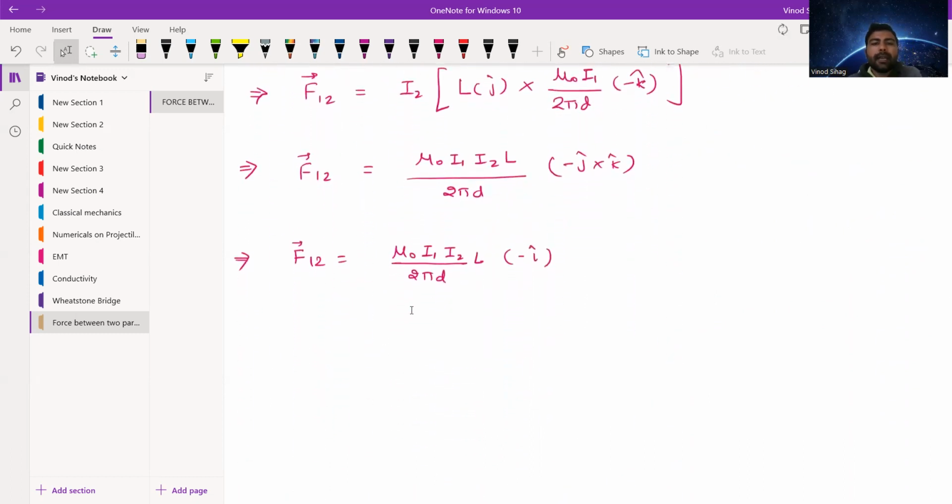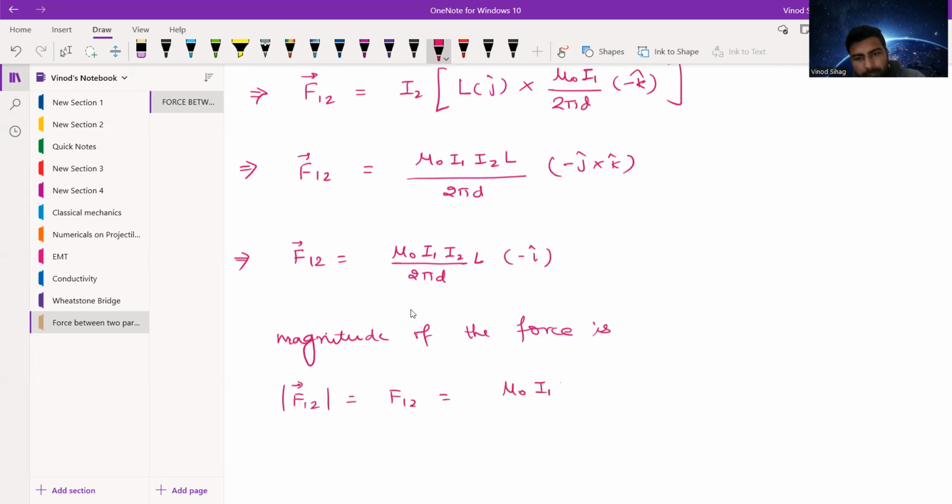If we write it without direction, the magnitude of the force F12 equals mu naught I1 I2 upon 2 pi d.